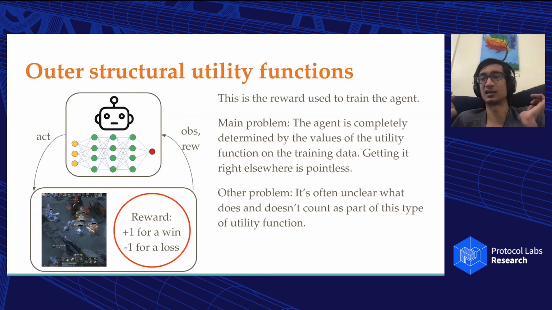Maybe you have an ensemble of dynamics models that are trying to predict what the next state will be, and then you take their disagreement as a signal of uncertainty. That one is part of the action selection mechanism rather than part of the reward function, so it seems like it shouldn't be part of the outer structural utility function. But both these methods are incentivizing exploration. They probably have pretty similar effects on the agent. It seems kind of weird that one of them is part of the outer structural utility function and the other one isn't.